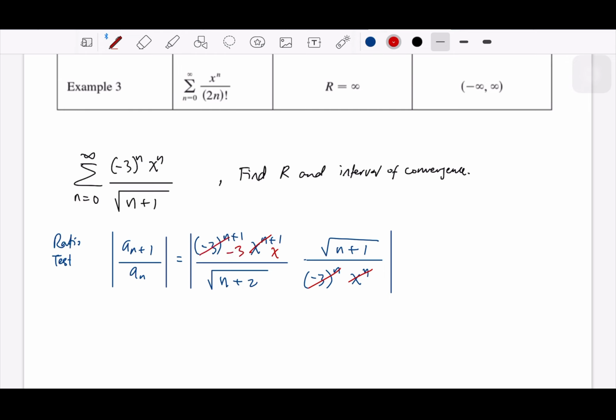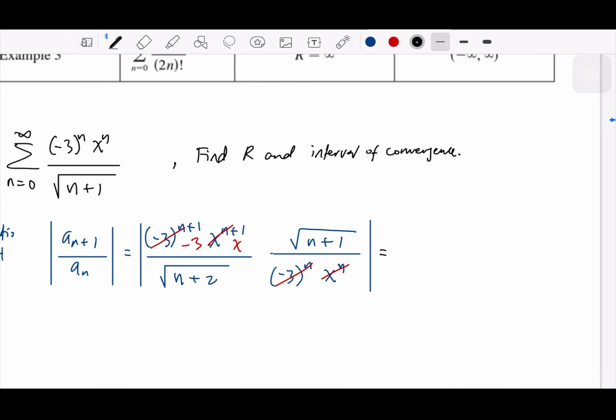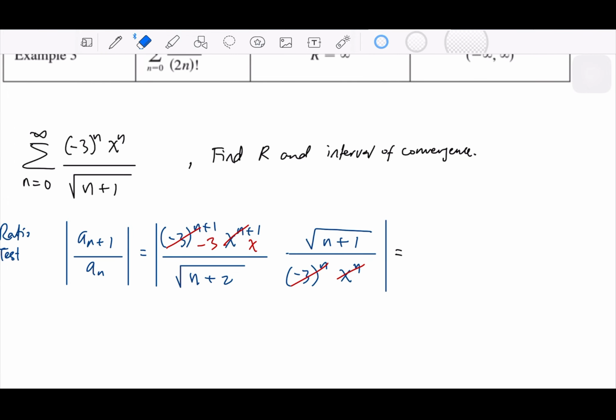This will have a minus 3. So we will have 3, and square root of n plus 1 and square root of n plus 2. Or maybe we can take this into one big square root.